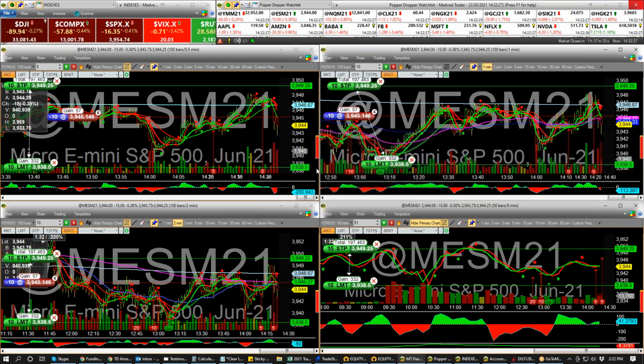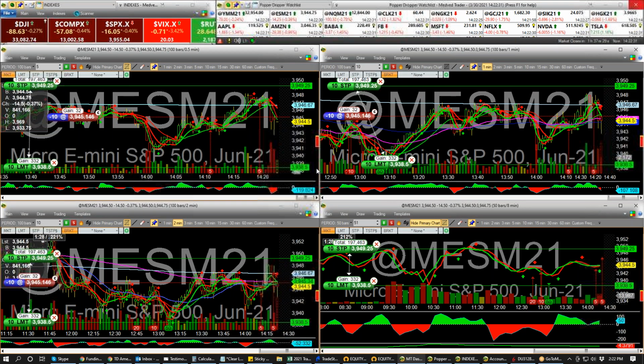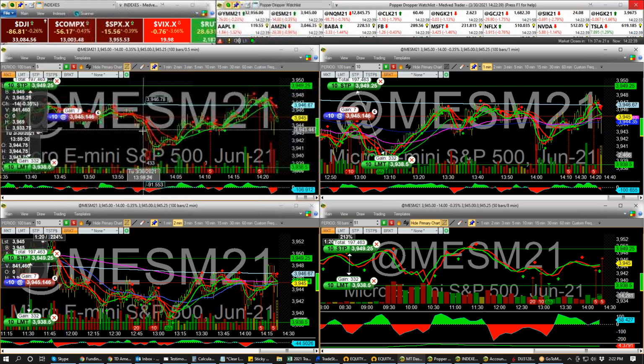I don't know if we'll get there. And then if we can get some wiggle room, we can move the stop towards break even. But you need a good 4 or 5 points of wiggle room.